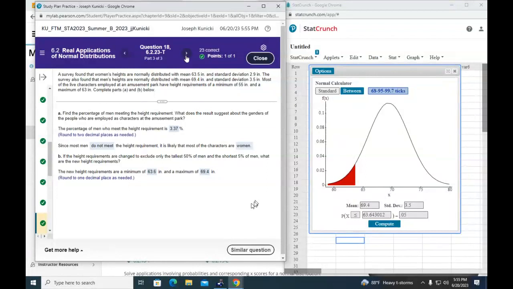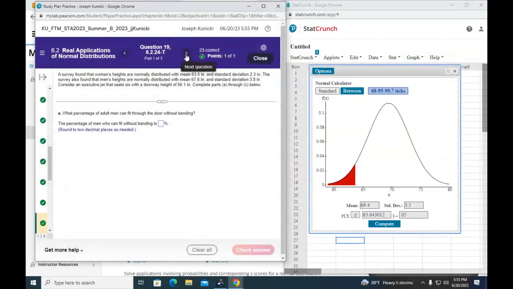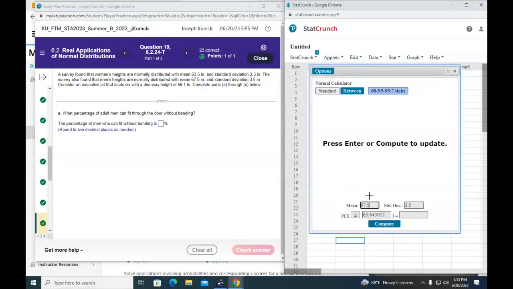Okay. 24. A survey found that women's heights are normally distributed and men's height. What percent of adult men can fit through the door without bending? The door is 56.1 inches. It's an airplane, small airplane. So I got to put the men's values in again, 67.8 and 3.8.